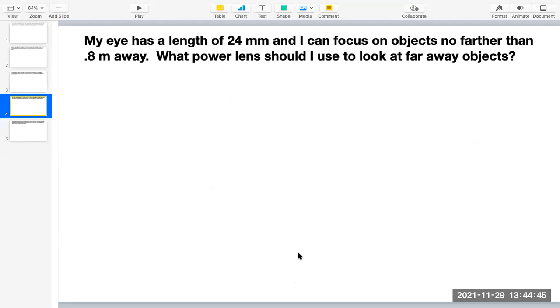Right, the last two steps. The last couple steps on that one was 1 over... So the combined focal length, the inverse of that is equal to the inverse of the focal length of just the eyeball plus the inverse of the focal length of the eyeglasses.